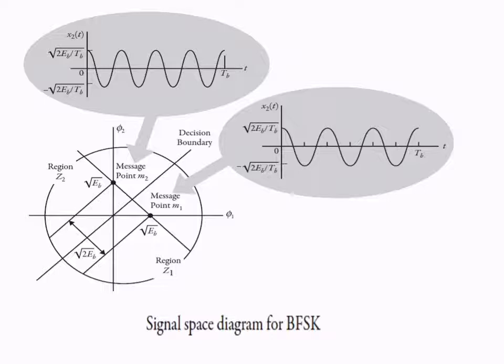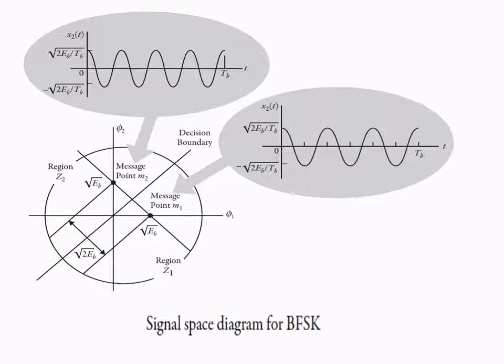By drawing this decision boundary, we can split the space into two regions, region Z1 and region Z2. Now we can calculate the distance between M1 and M2. You can see a kind of triangle. By that we can calculate the distance between message point M1 and message point M2, which is equal to root of 2EB.